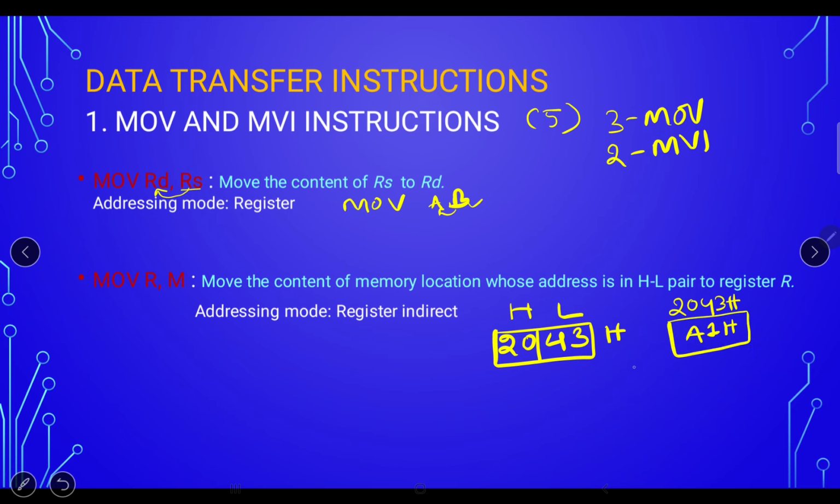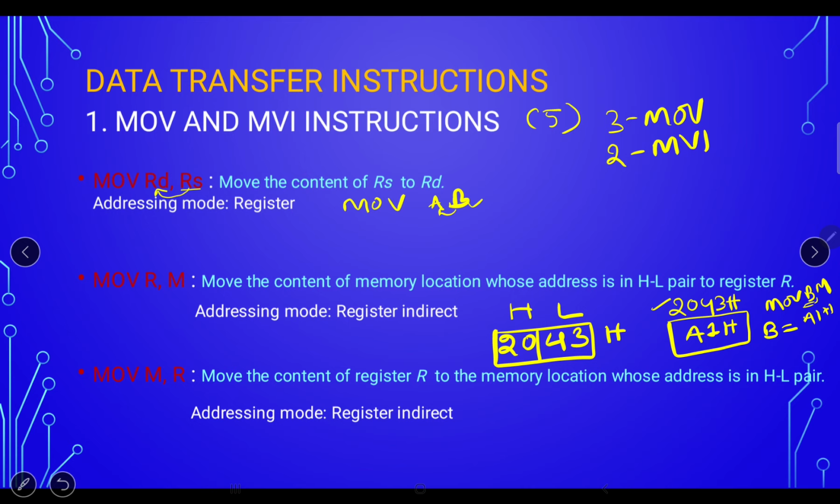Then when we write MOV B, M, the value at address 2043 will be copied to B. So after this instruction my register B will contain the data A1H.